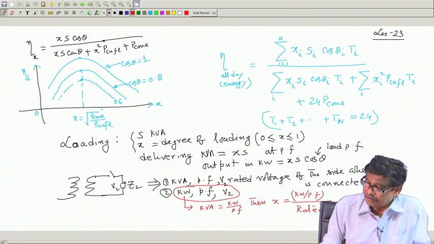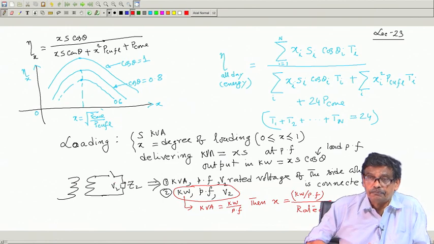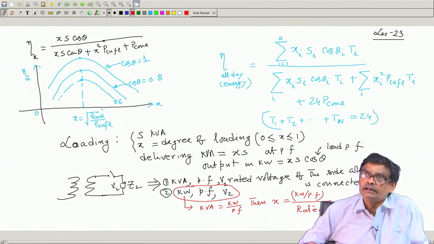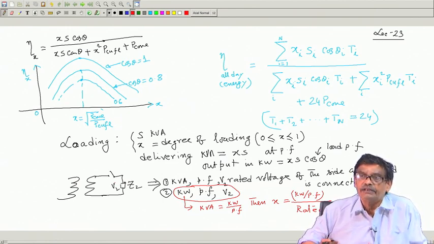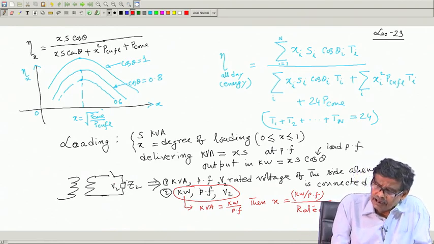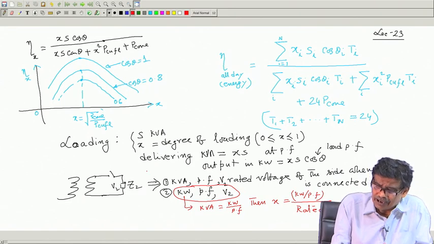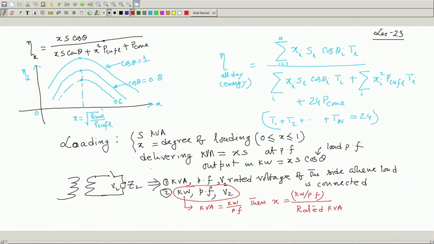But this is the thing. You must remember this load is not specified in terms of an explicit value of Z2. It will be specified as: the load consumes so much kVA at this much power factor at this much voltage. From this I will be able to calculate Z2, but I will not do that, because to calculate efficiency I do not require Z2.